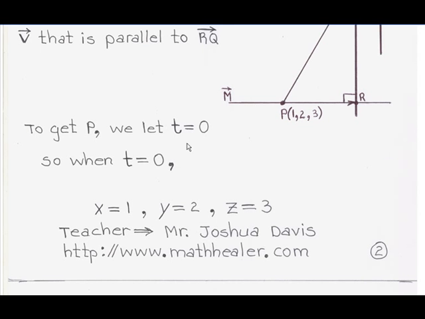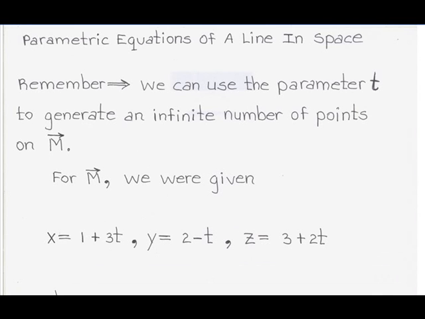So I arbitrarily picked T equal to 0 to get at least 1 point on vector line M that I can use. So that choice of T equal to 0 was just arbitrary. Now remember, we can use the parameter T to generate an infinite number of points on M.